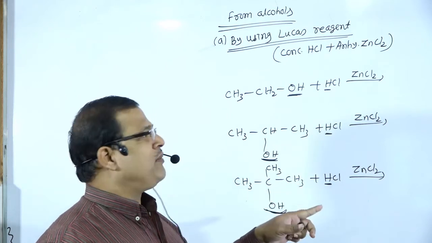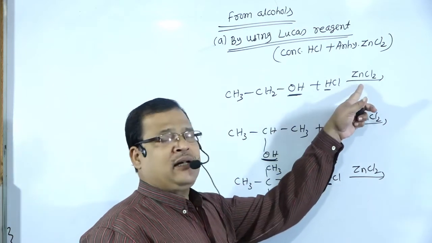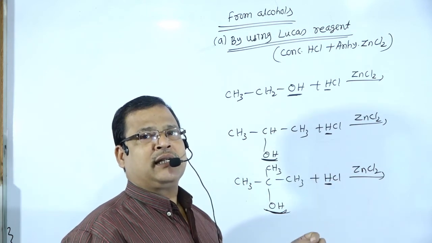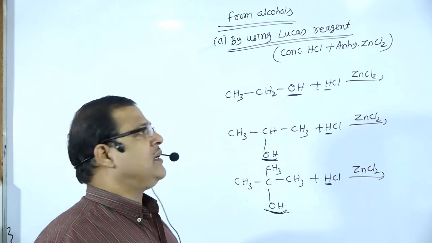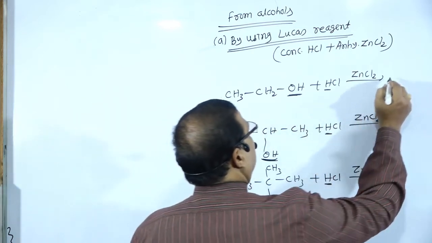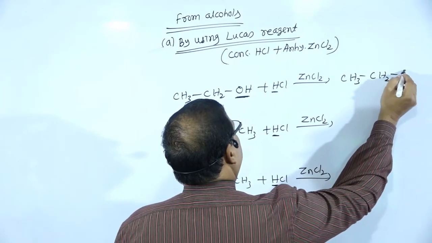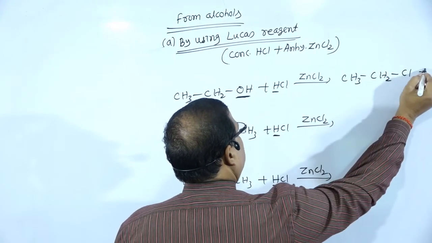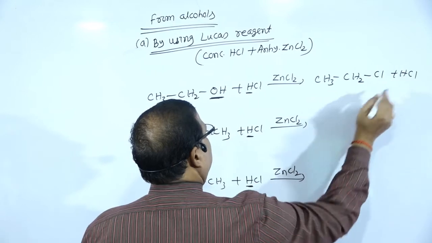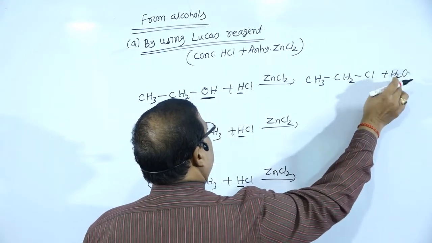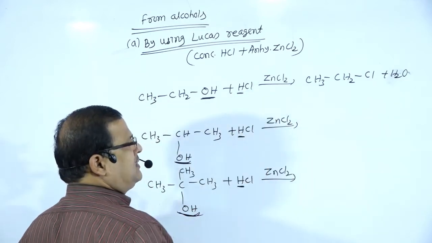OH and H combine to form water, and anhydrous ZnCl2 acts just like a dehydrating agent that absorbs the water molecule. Then what will the product be? CH3CH2Cl, plus water, and this water is absorbed by the anhydrous ZnCl2.